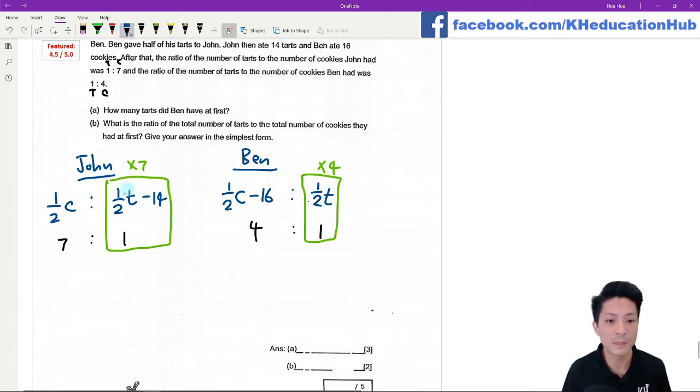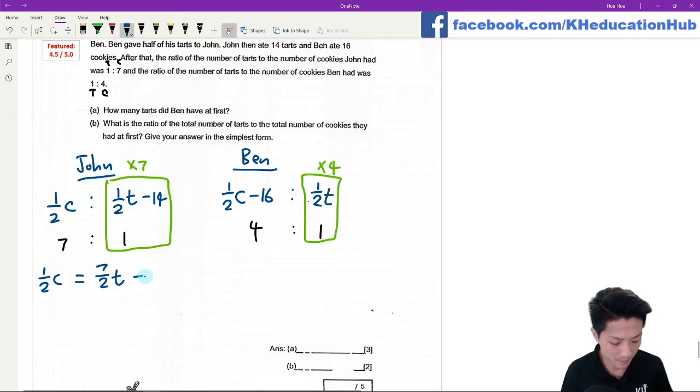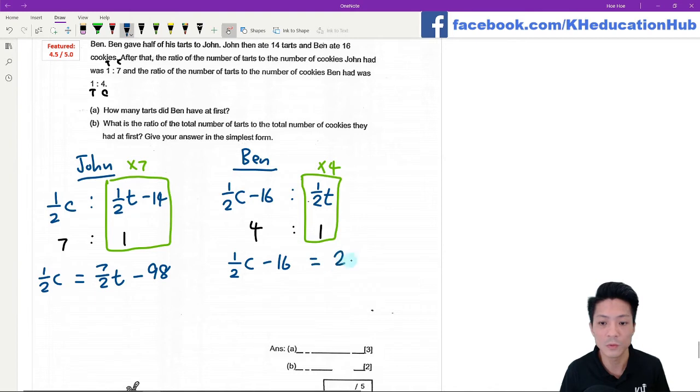After multiplying by 7, I will be able to write down this equation where half of the cookies will be equal to 7/2 of the tarts, minus away 14 times 7, which is 98. As for Ben, half of the cookies minus 16 is equal to 2 of the tarts. Half times 4 will give me 2.